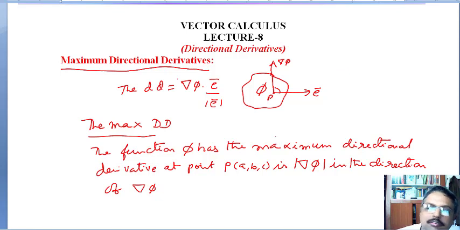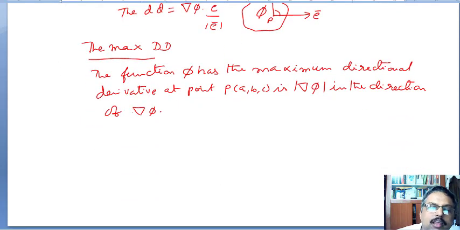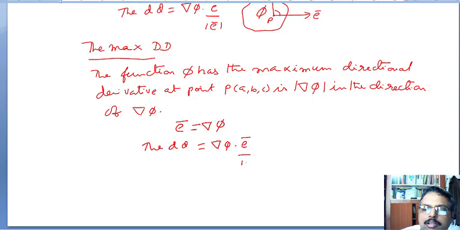So here E bar equals del phi. Now what is the directional derivative formula? Directional derivative equals del phi dot E bar by mod E bar. Then del phi dot del phi by mod del phi.